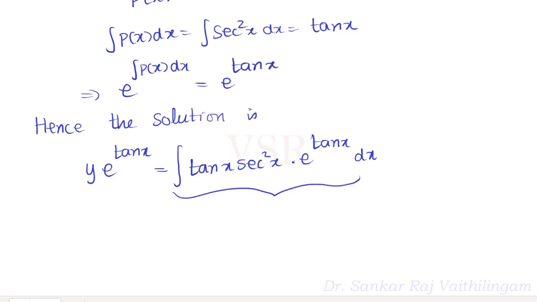Put u, which is equal to tan x. அப்போ du by dx வந்து என்னது? du by dx is equal to secant square x.